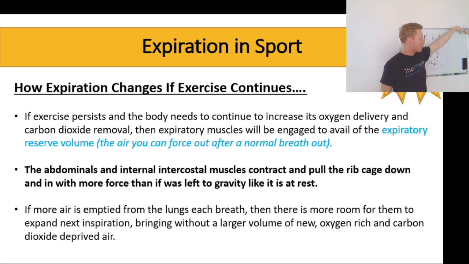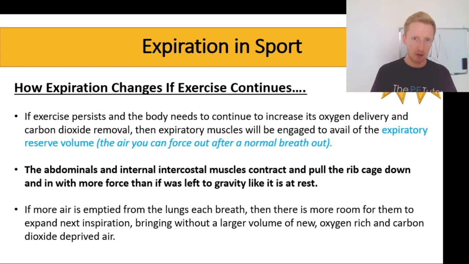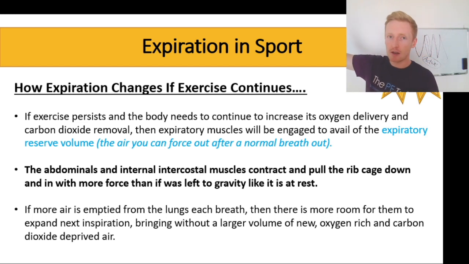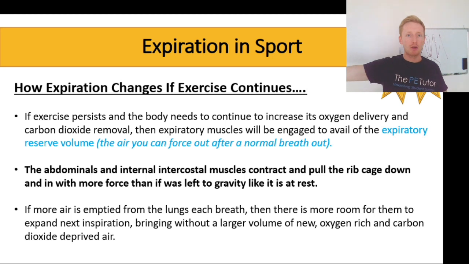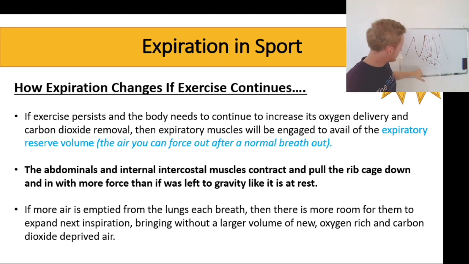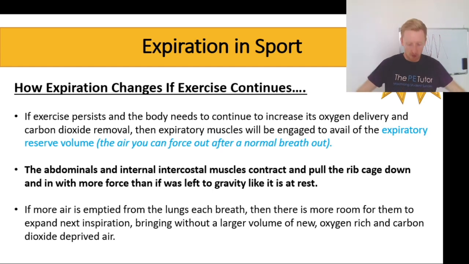Inspiration, slow passive expiration. Until the intensity gets to a point, or the duration hits a certain milestone, and we need to start switching on our expiratory muscles to get rid of that air faster so that we can breathe new air in sooner.